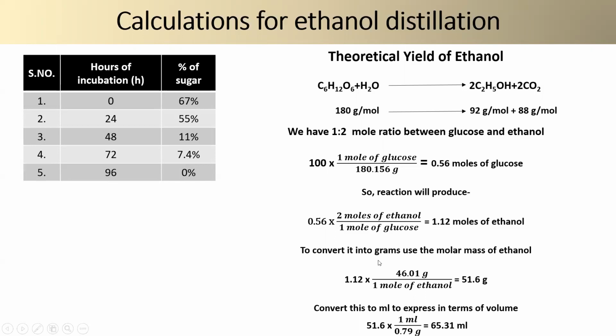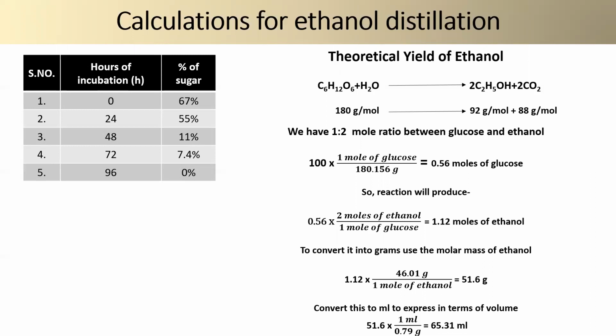To convert these moles of ethanol into grams, we simply multiply it with the molecular weight of ethanol, that is 46.01, and we get 51.6 grams of ethanol. So 100 grams of glucose produces 51.6 grams of ethanol, and if you want to express this in terms of volume, we simply divide it by its density, which is 0.79 grams per ml, and we get 65.31 ml of ethanol.